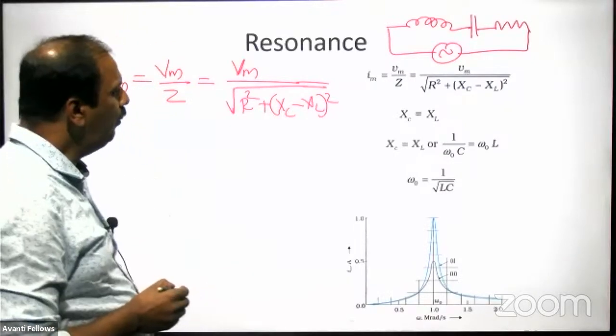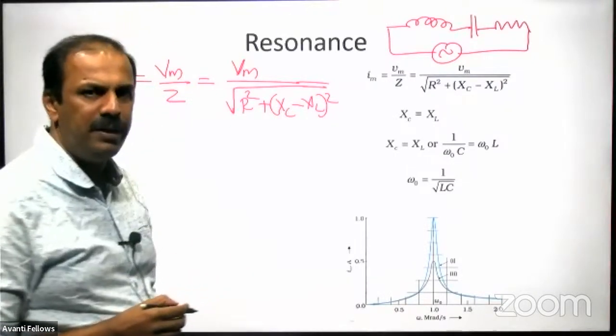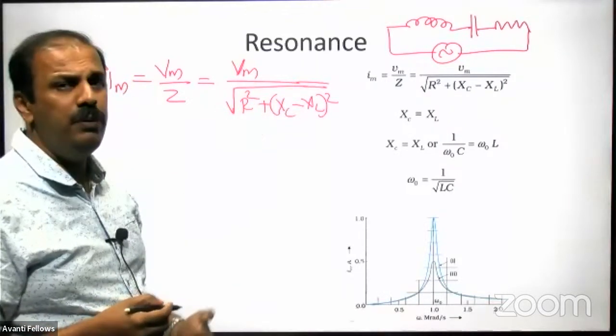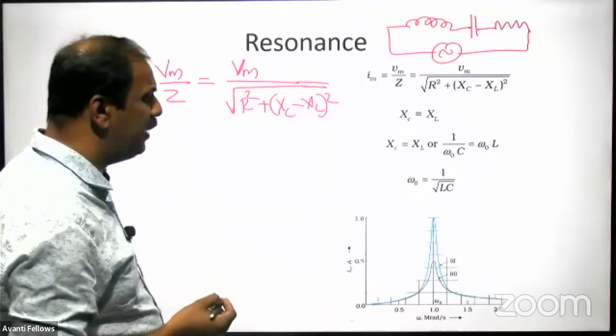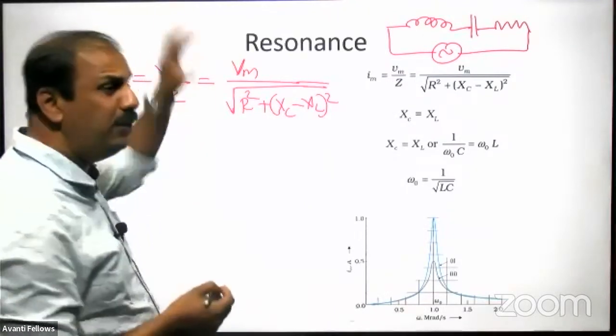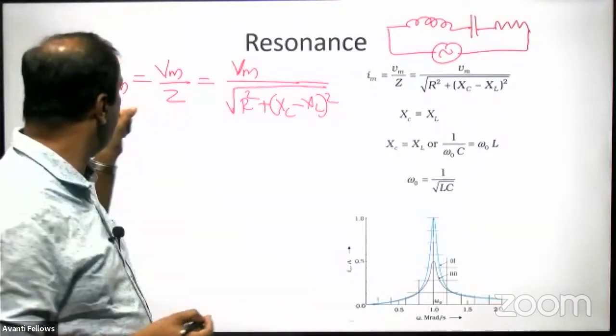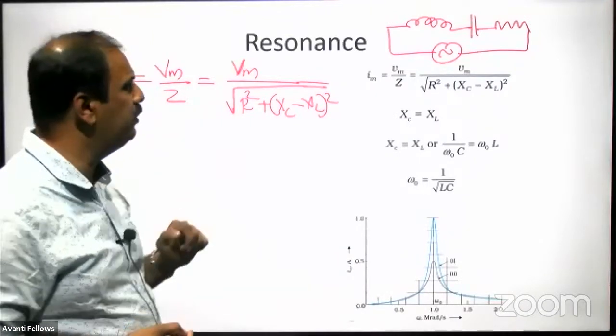Now, this is the maximum current. When I say the current through the circuit will be maximum, we are not talking about this Im itself, which will vary. I am talking about the maximum value of Im. Don't confuse this Im and that maximum value.